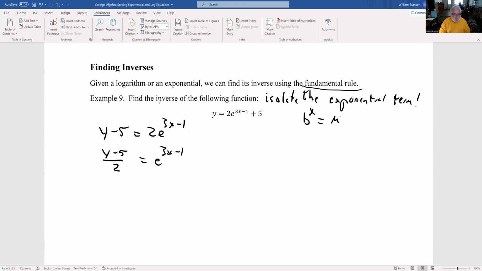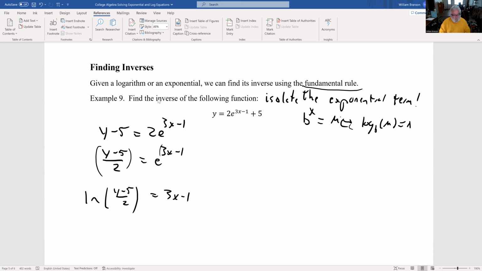And now we've got something. This is my m here. And then an exponent, 3x minus 1, and my base is e. So the thing in the exponent, the 3x minus 1, that becomes natural logarithm of y minus 5 over 2.